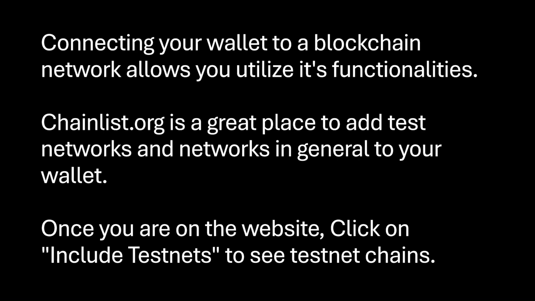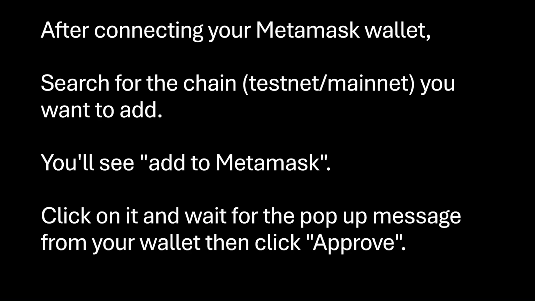So let's move on. Chainlist.org is a great place to add test networks and networks in general to your wallet. Once you are on the website, click on Include Testnets to see testnet chains. After connecting your MetaMask wallet, search for the chain, that's testnet or mainnet, you want to add.